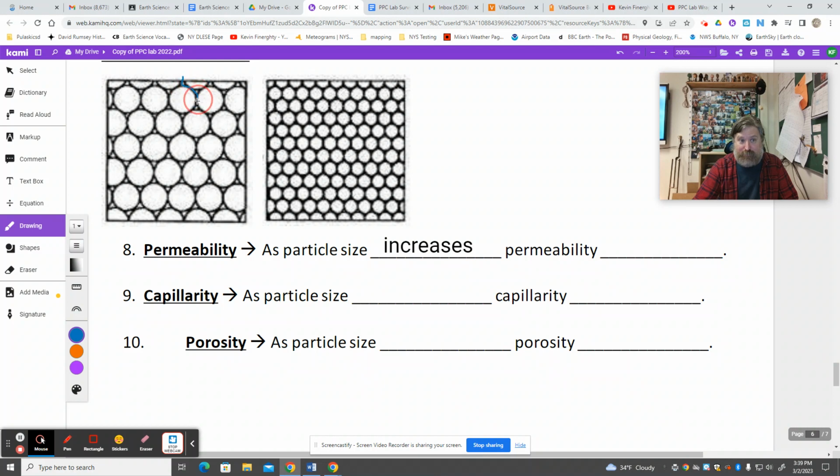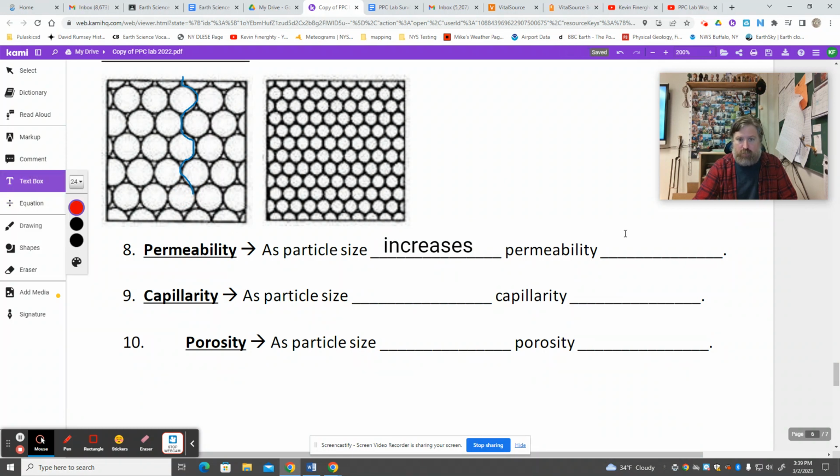Well, the spaces get bigger, so the water can get through there a lot faster. So if we say there's larger particles, we're going to have a larger permeability as well. The water goes through faster.